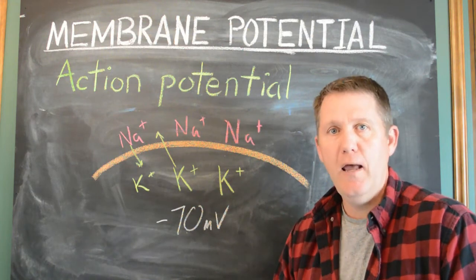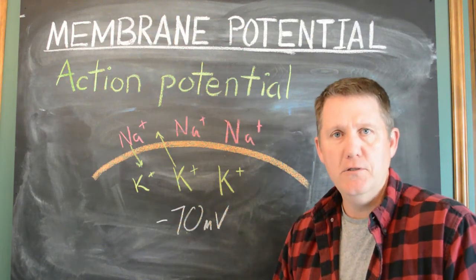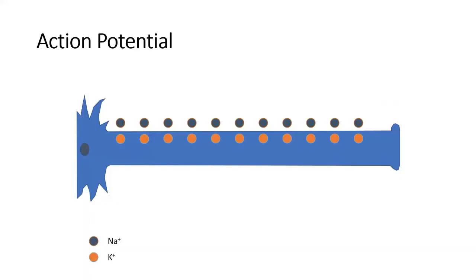So that's one application. Let's take a closer look at the action potential on a neuron itself. So here's an extremely simplified view of an action potential. So here's our nerve cell or neuron. They're very long, and we have lots of potassium inside the cell and lots of sodium already built up outside.